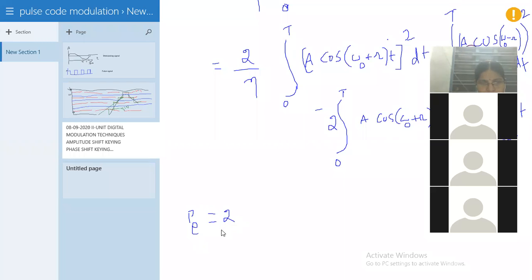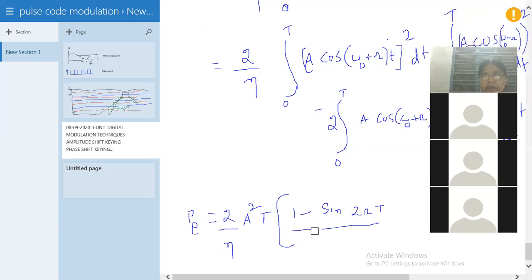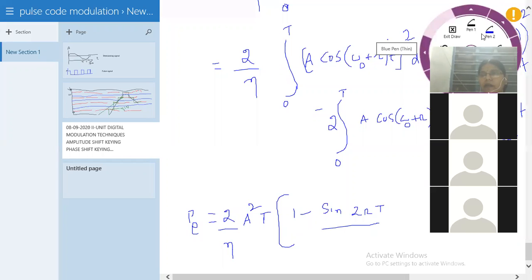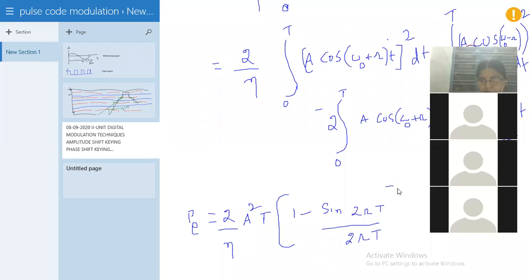This is the procedure to calculate PE for FSK. Okay. So now 2 by eta A square ni common తీసేస్తే, after solving this equation, you will get 2A square eta into T, 1 minus sine 2 omega T by 2 omega T, and after taking approximations also, this is a simplified equation.